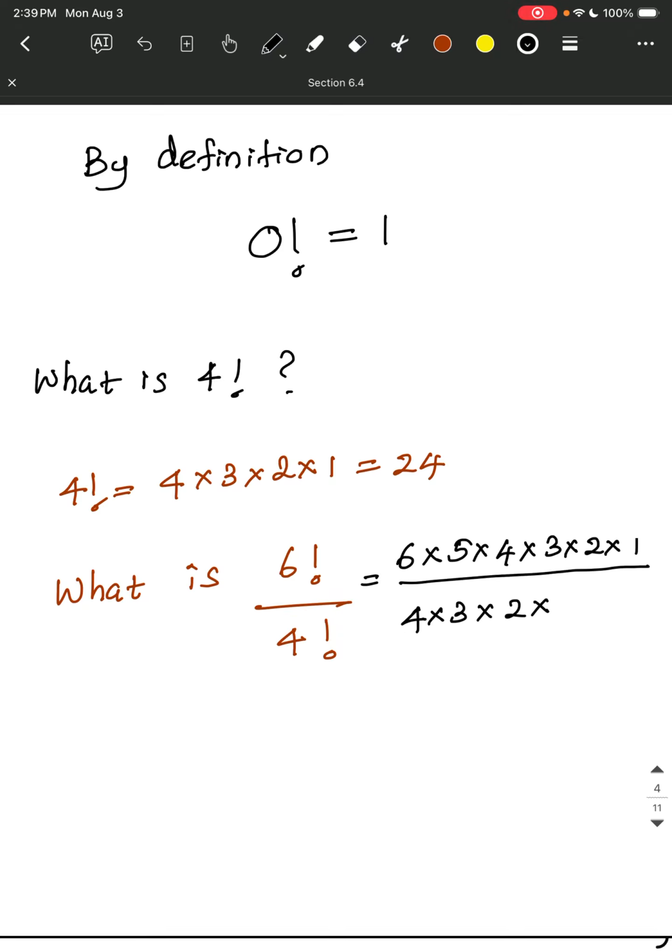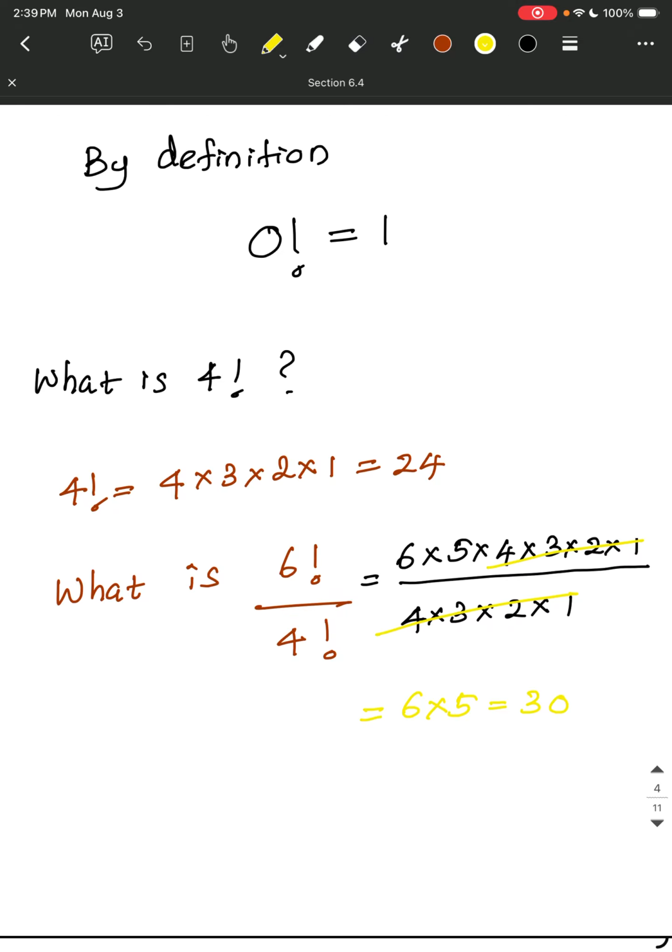Finally, after this cancellation, we have 6 times 5, which is 30. We often simplify factorial expressions by cancelling rather than evaluating very large factorials.